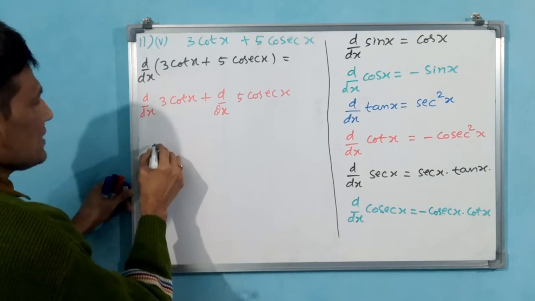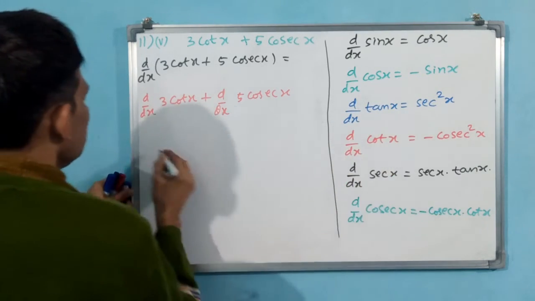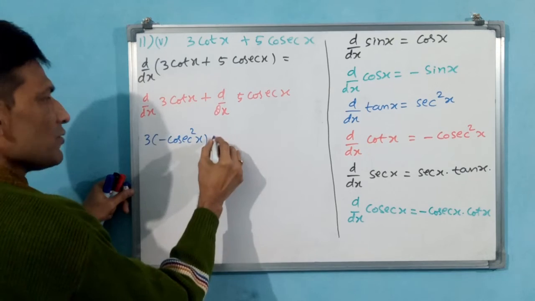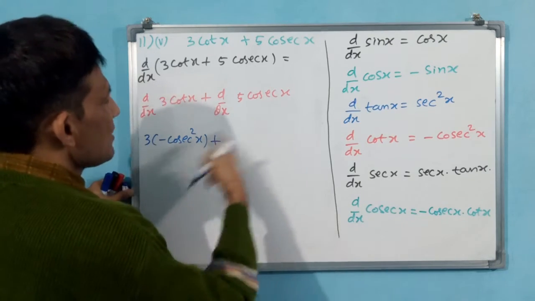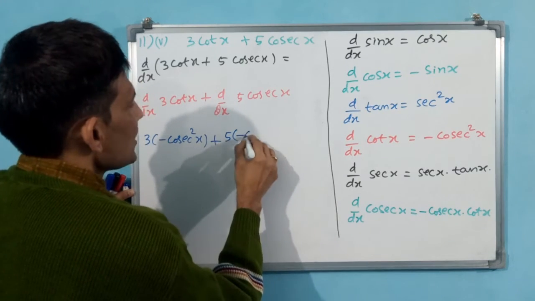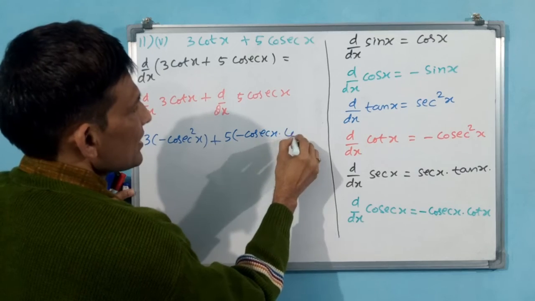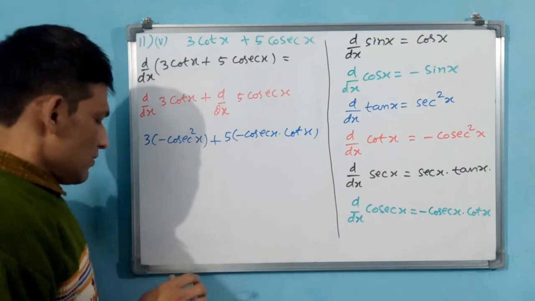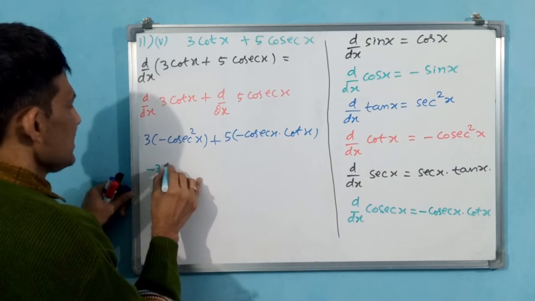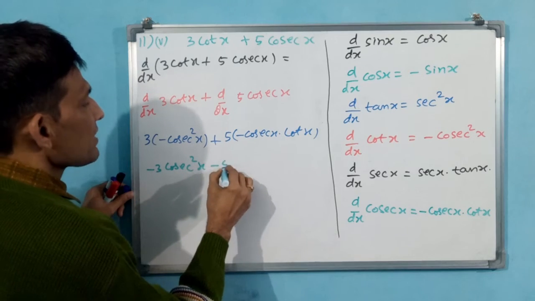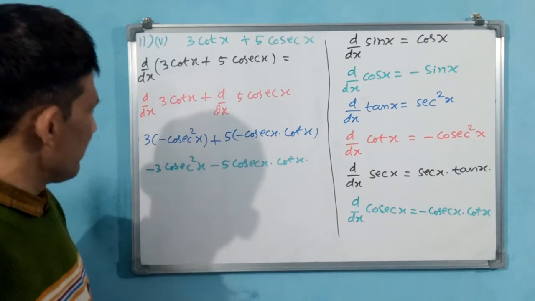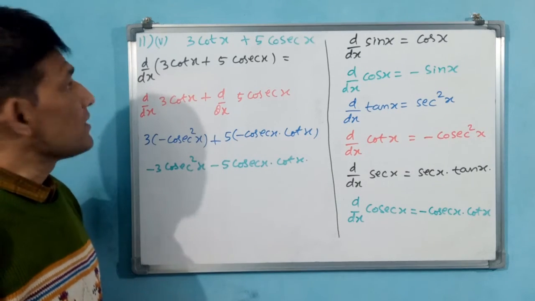So d by dx of cot x is minus cosecant square x, so 3 into minus cosecant square x. First you write plus only, but afterwards minus will come, so you have to make it minus. And d by dx of 5 cosecant x means 5 into minus cosecant x cot x. Now you see, both are going to become negative only: minus 3 cosecant square x minus 5 cosecant x cot x. Like this you write and close this question.